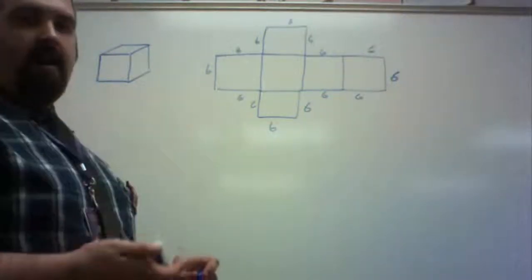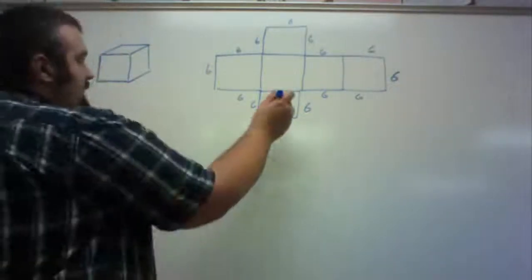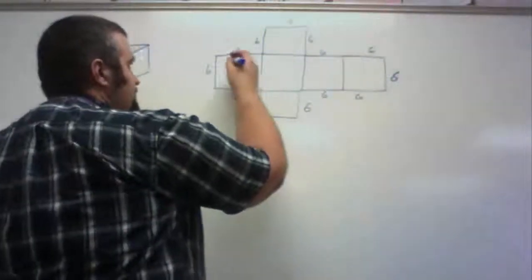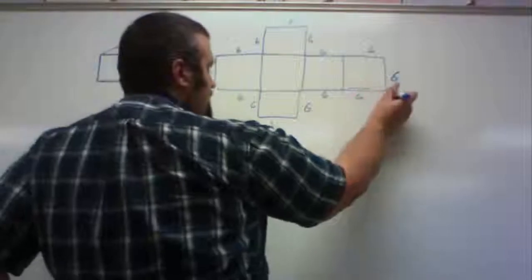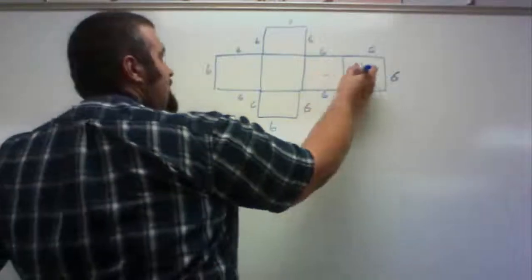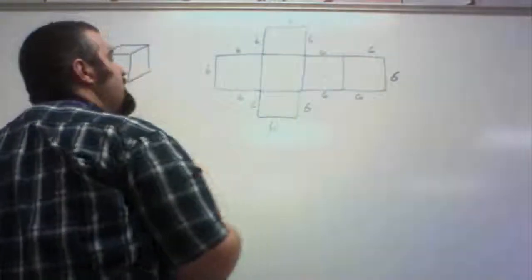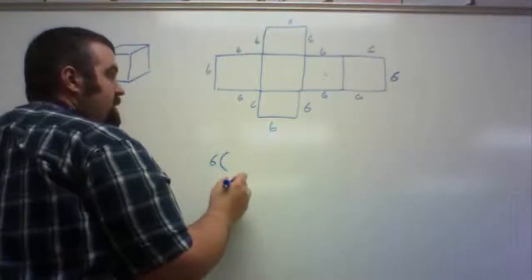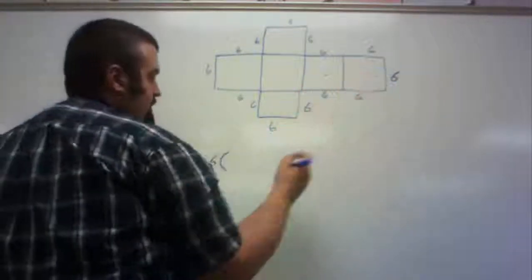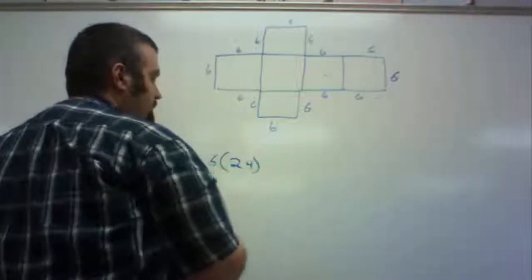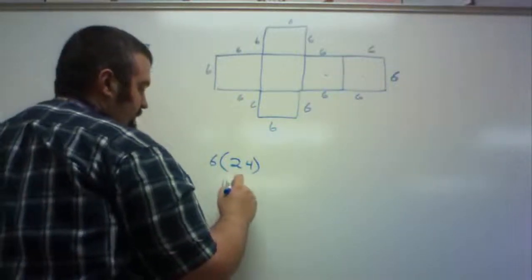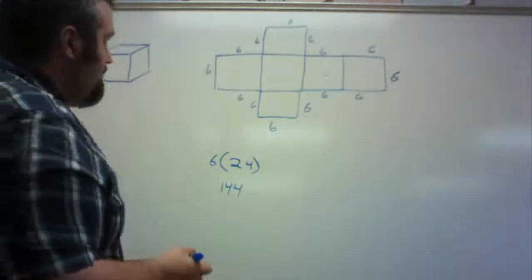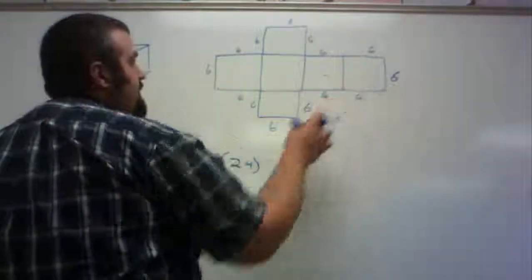Now I want to find the surface area. I could find each face individually, or I could use length or height times base. So these four combined would be 6 times 6 plus 6 plus 6 plus 6, or 24. So 6 times 24 is 144, and that would be the area of these four.